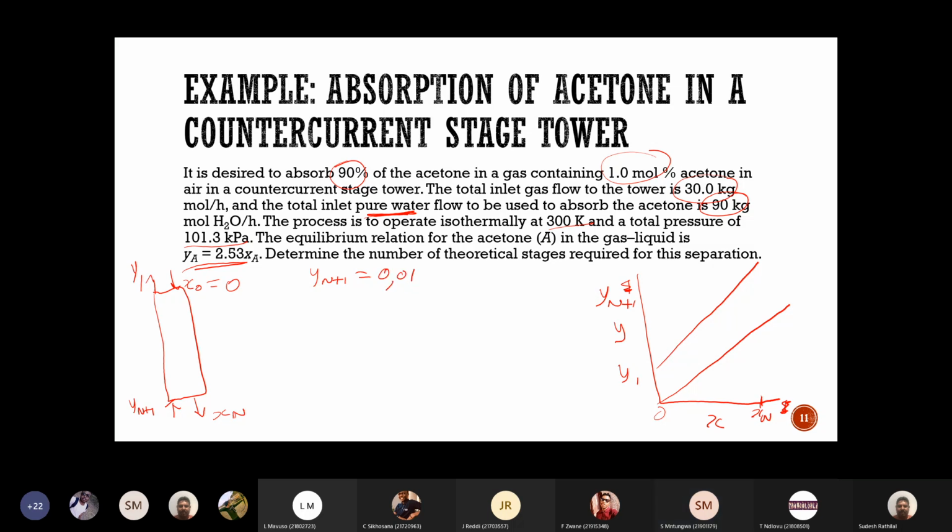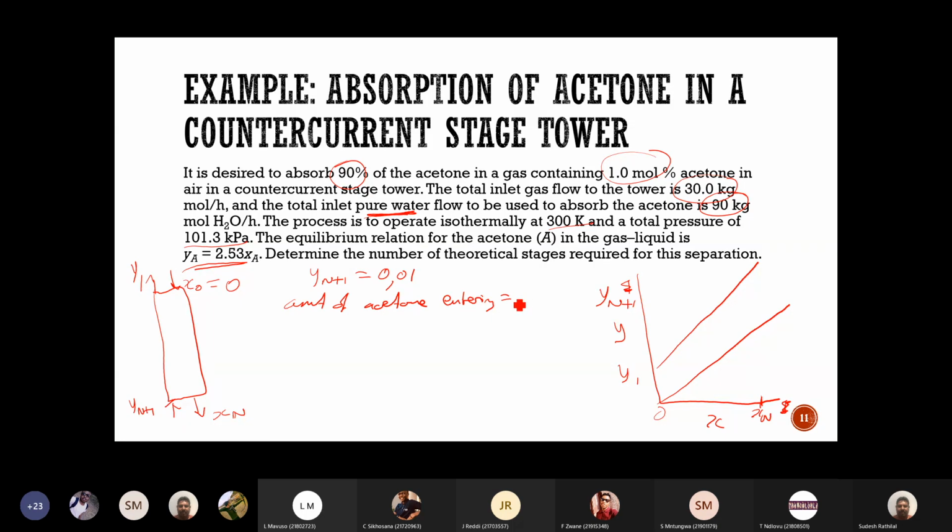All right. Now I need to evaluate xn and y1. How do I do this? Let's try to analyze the problem. The amount of acetone entering here, we want to work out V1 and V prime, the amount of acetone entering.